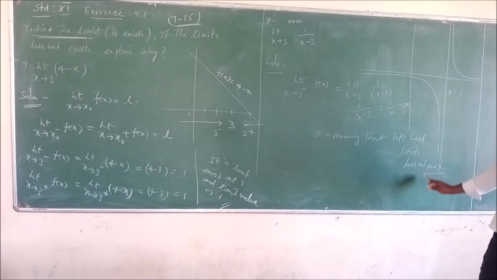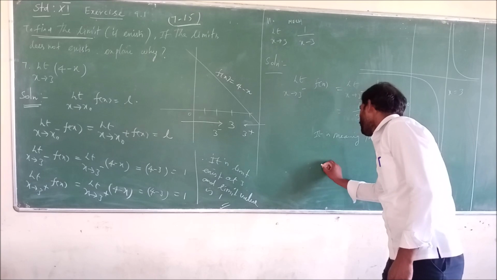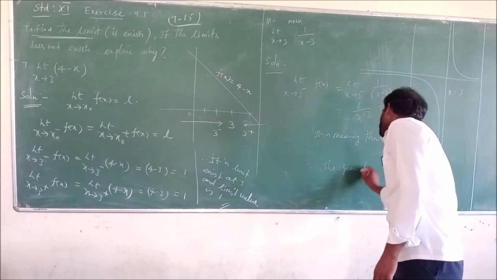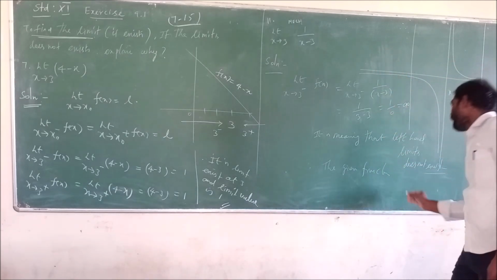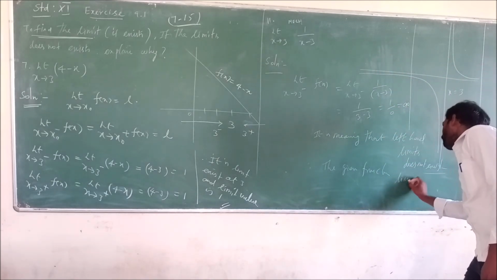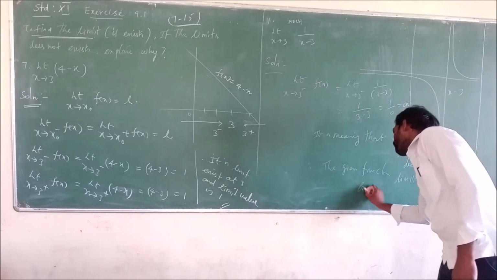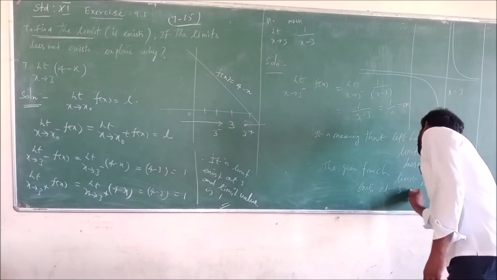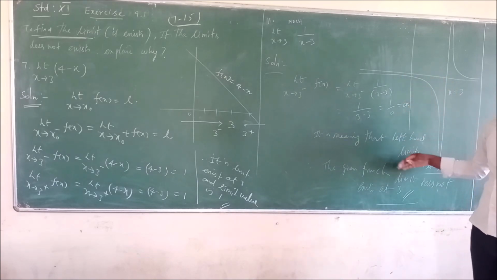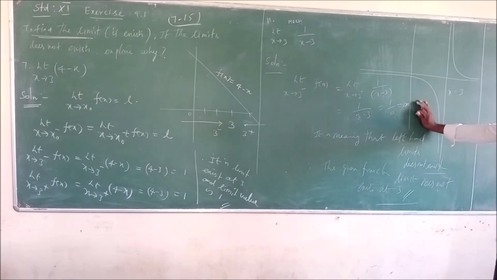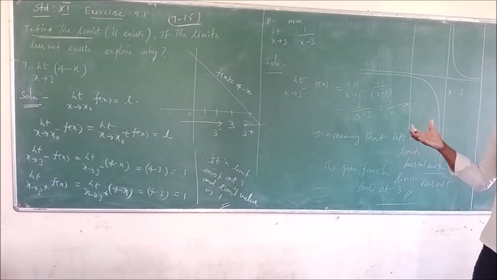If the left hand limit does not exist, therefore the given function 1 by x minus 3 has no limit at 3. The given problem's limit does not exist at 3. This one is a limit does not exist problem. The earlier one is a limit exists problem. Basic problem.